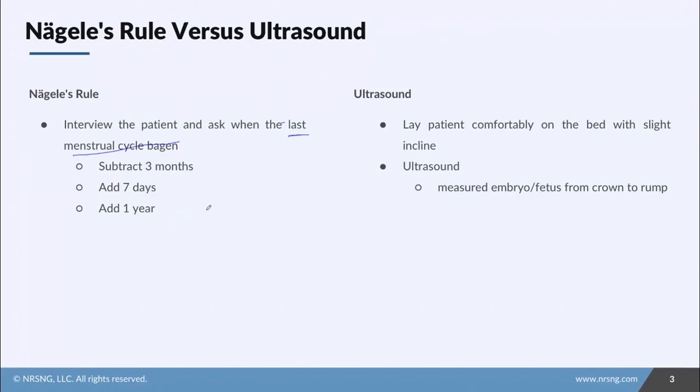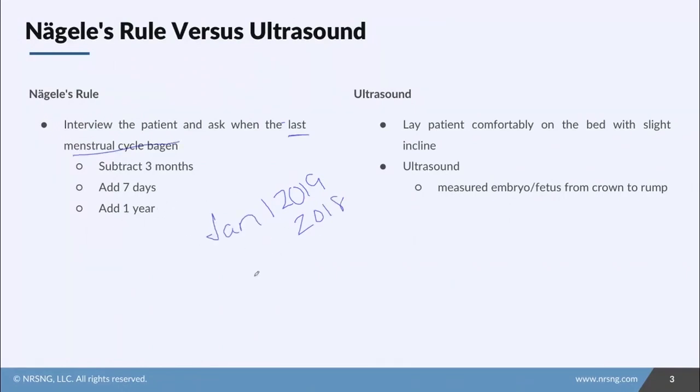Now keep in mind that if this patient had a last menstrual cycle of January, so let's say January 1 of 2019, when you subtract the 3 months, you've got to go backwards, right? So you also have to take that year with you. Whatever minus the 3 months, it's going to be 2018, and then later you'll add the year back.